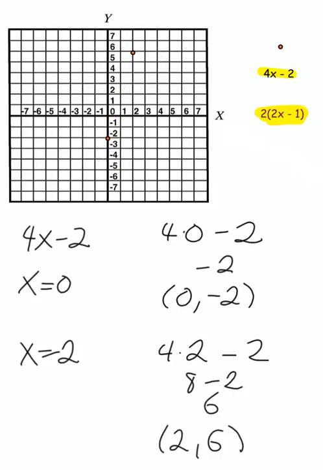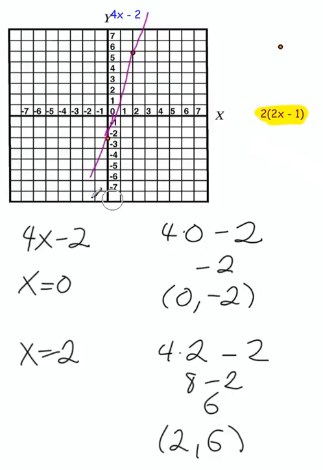So let me switch back to my pen here, and we're going to draw our line through that. You'll have to forgive that. My pen is not cooperating at the moment. So this is 4x minus 2.